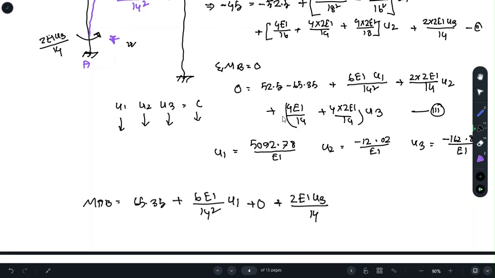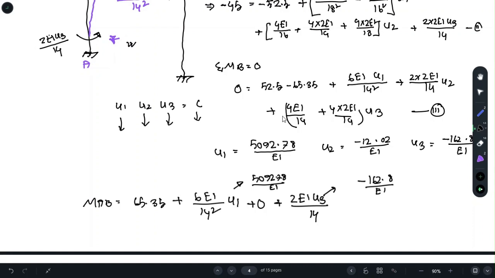So now you know the values of E1 and U3. E1 is 5092.78 over EI, and U3 is minus 162.88 over EI.